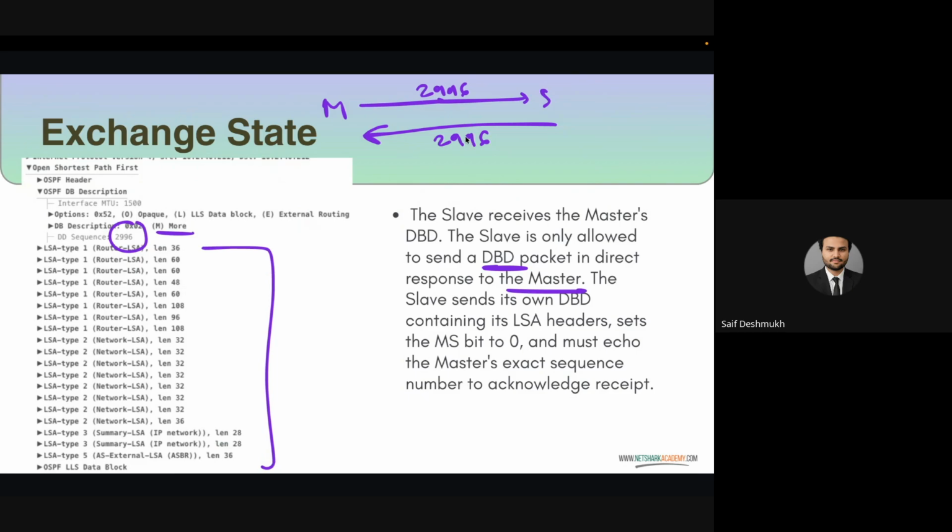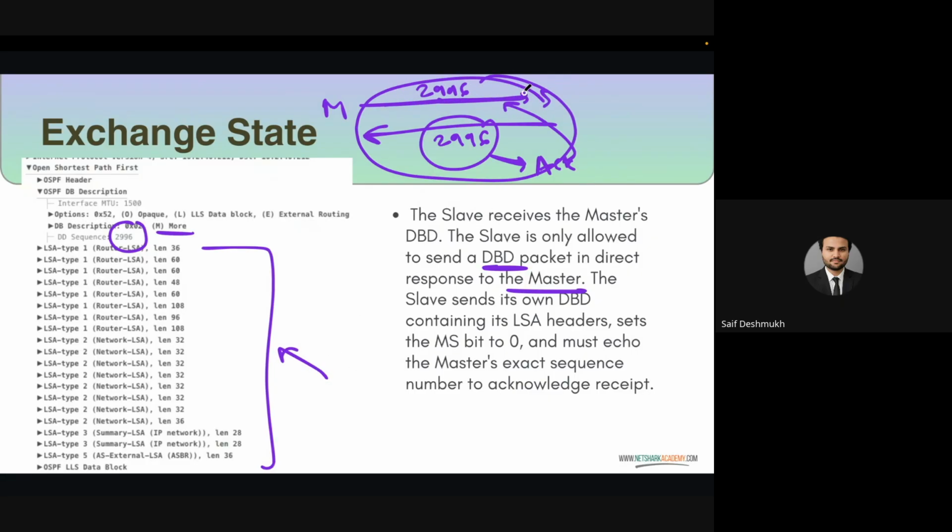It's like they're being very careful here. The slave's packet with the same sequence number is treated as an acknowledgement to the earlier packet, because otherwise OSPF, the IETF, would have needed to create another acknowledgement packet for this DBD packet. So it's serving two purposes.